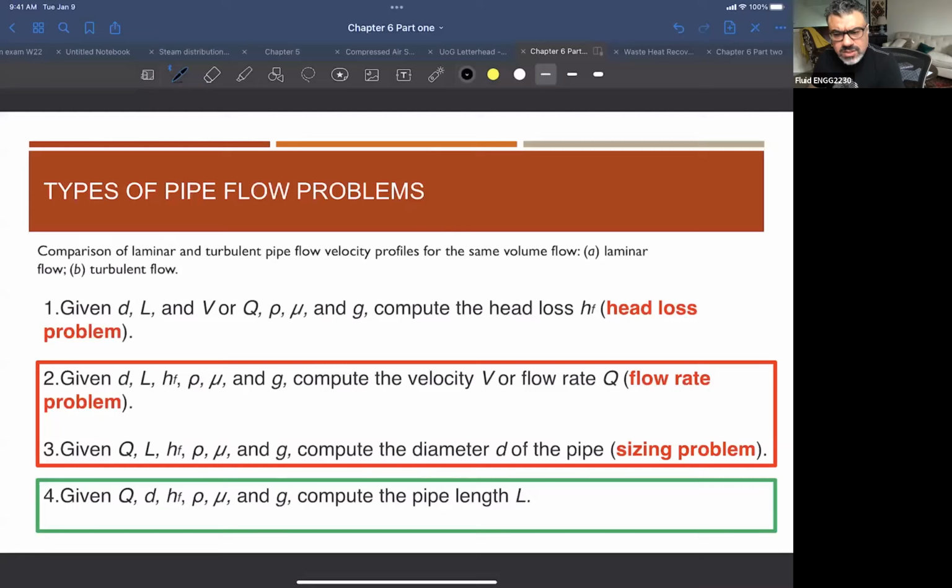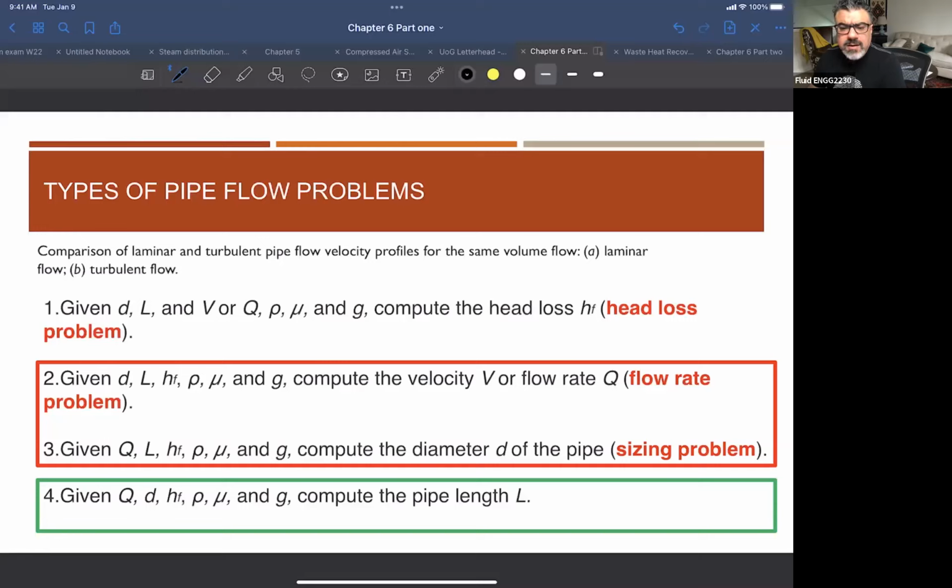For a straight pipe, we anticipate some friction between the fluid and itself and between the fluid and the pipe. Then we define something called the friction factor, which is a function of Reynolds number.